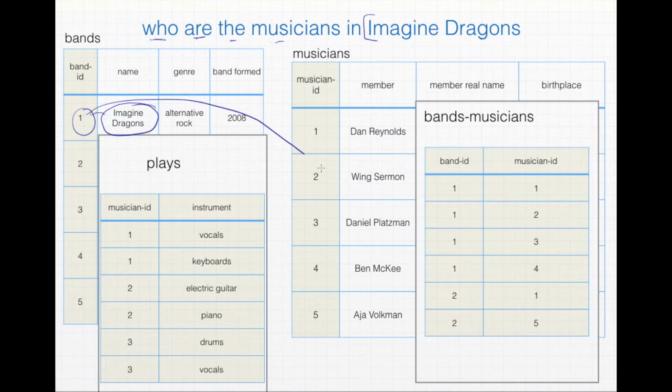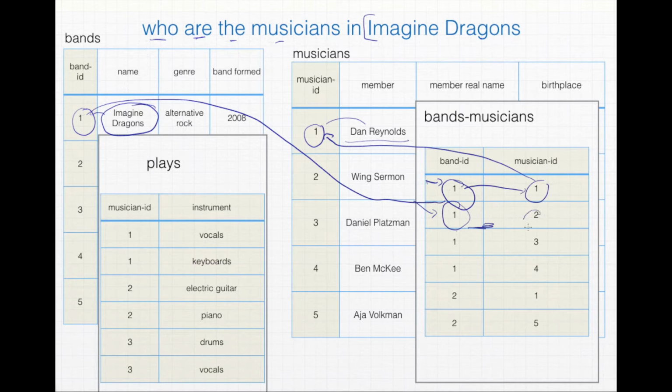That brings us all the way here to the band musicians table. And we're going to look at all these ones. Well, band ID 1, we have musician 1. Musician 1 is a foreign key to this thing, so we can get the name Dan Reynolds. The next row we find for Imagine Dragons, band ID 1, is this one.